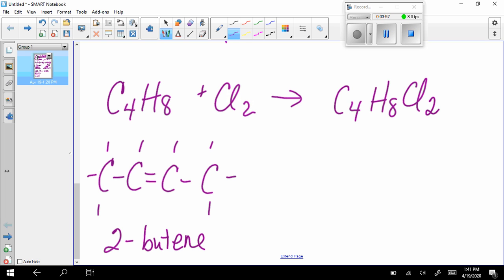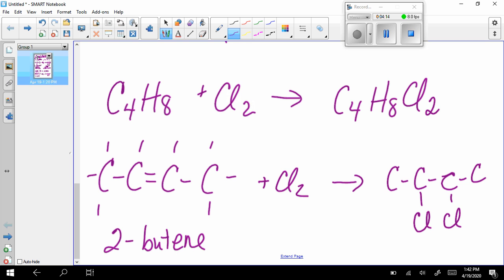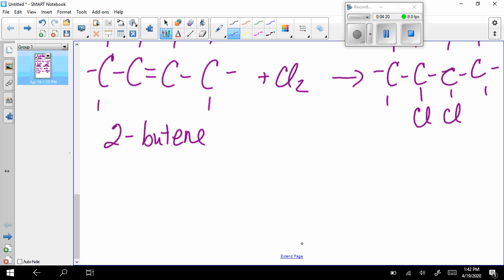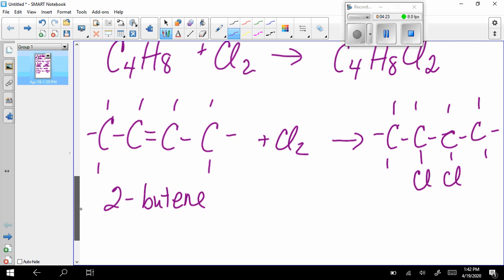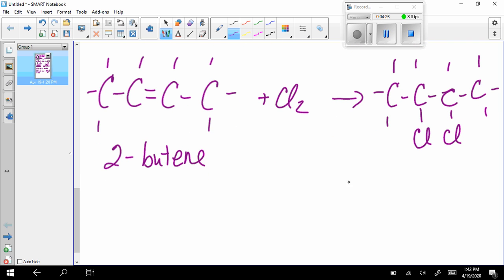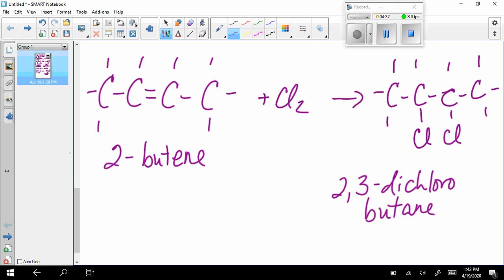So 2-butene, because the double bond came after the second carbon. And I add chlorine to it, and it would look like this. 1, 2, 3, 4. I break the double bond and I add the chlorine here and a chlorine here. And then my H's would go around it. And so that is C4H8Cl2. And the name would be 2,3-dichlorobutane. All right, so you get the idea.